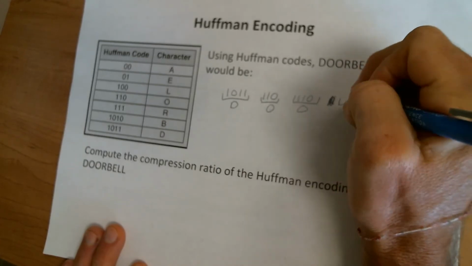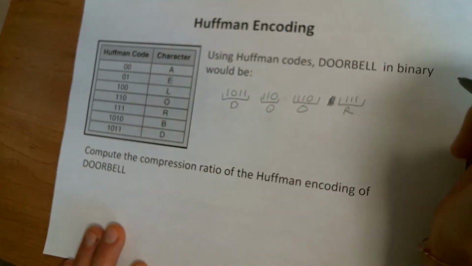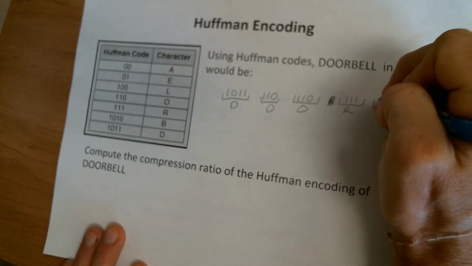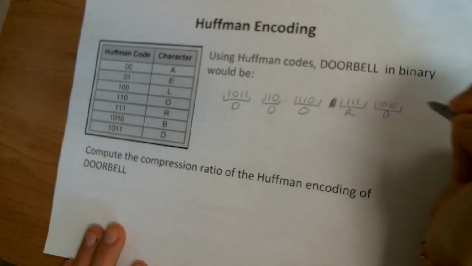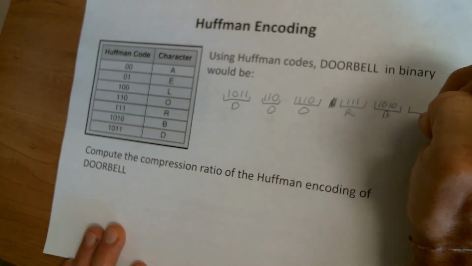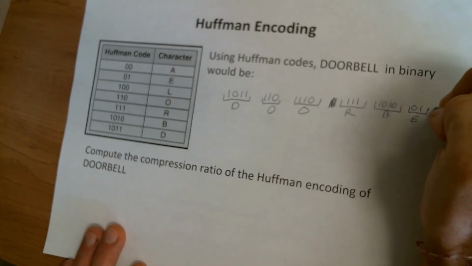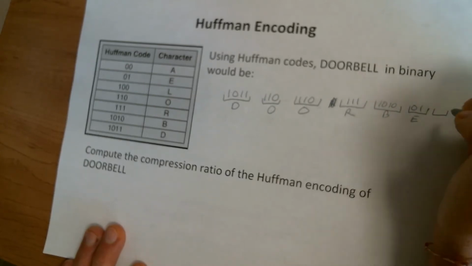Our R is 111. Our B, that's one of our less common ones, so that's 1010. Our E is one of our super common ones, so that's just 01. And then we have two L's, so those are both 100, 100 for two L's there.